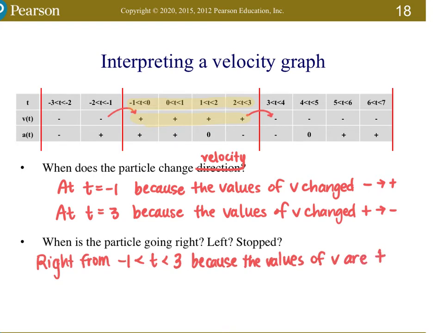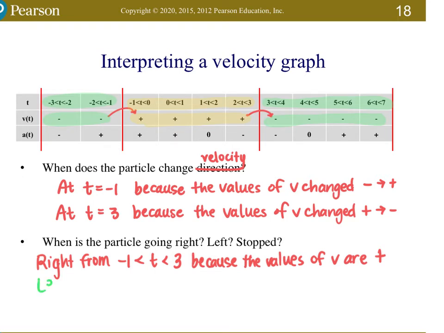So then when is it going to the left? Well, it's going to go to the left anytime the velocity values are negative. And so we've got two sections of intervals where the particle is going to the left.